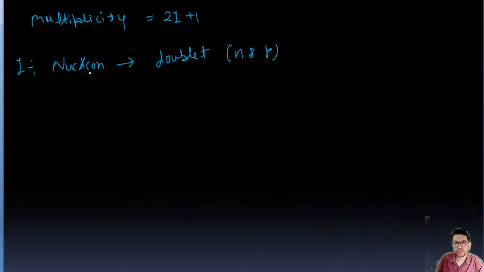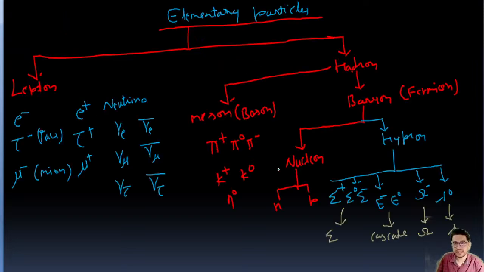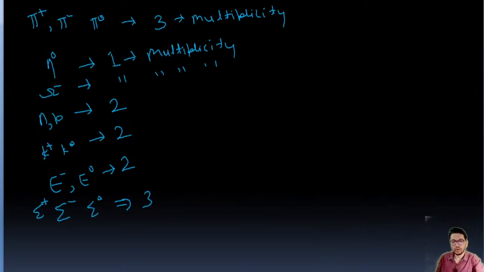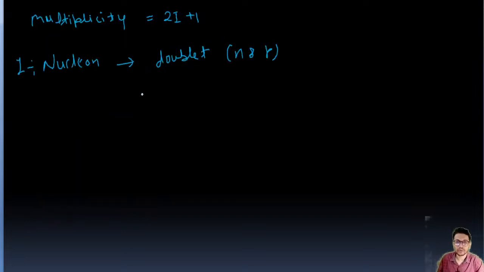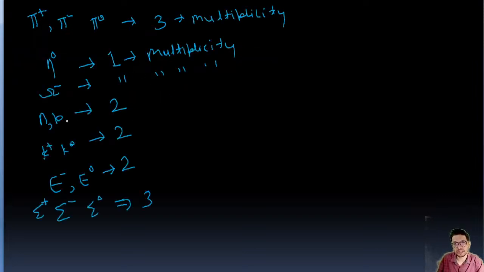So the nucleon is a doublet because it has two particles, neutron and proton, so multiplicity is 2. I told you how to get multiplicity for the nucleon.